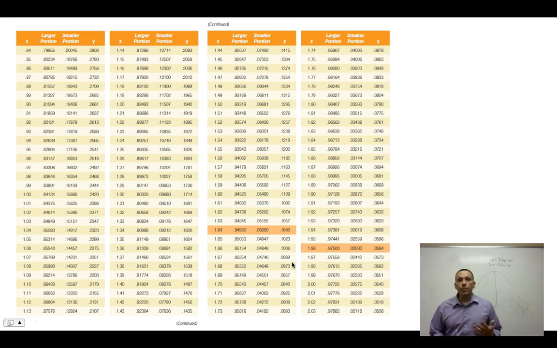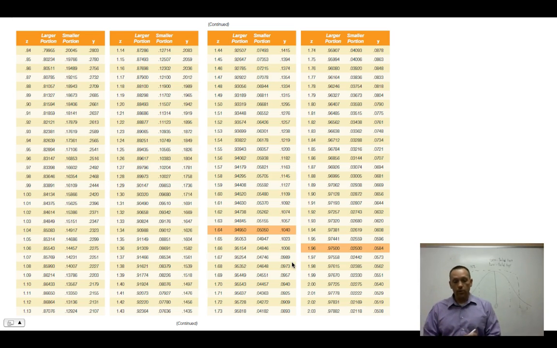Now, if you go back to our empirical rule, what percentage of the population of scores does that represent? If you flip back to your empirical rule, and at some point you'll need to commit this to memory, we know that this is approximately 95%. So plus or minus 2 standard deviations captures approximately 95%.